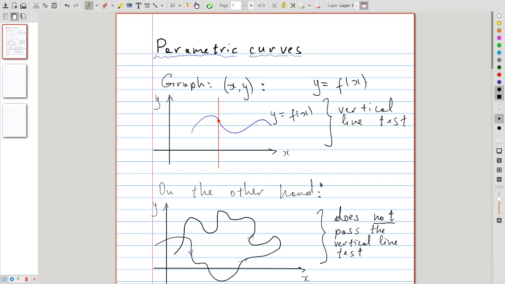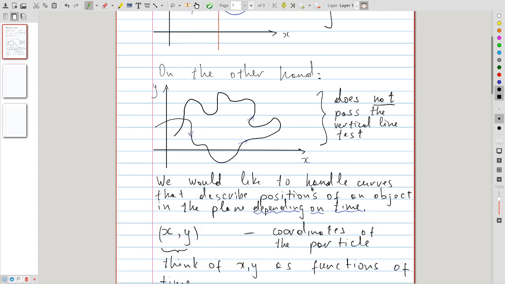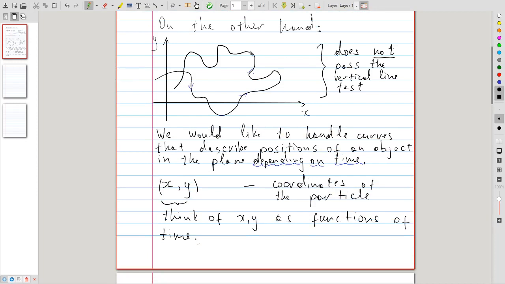Now, what we want to think of here with parametric curves are the points x, y such that both x and y depend on another variable, time. And so we think of this here as the graph of such dependence of coordinates on time.